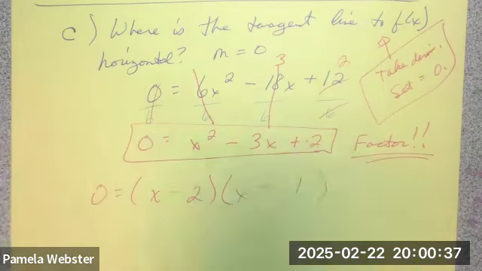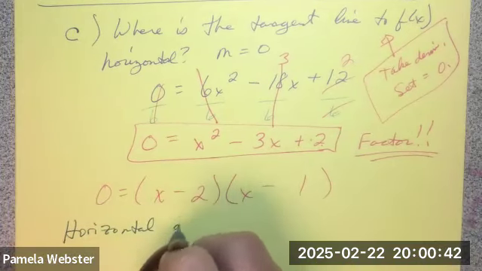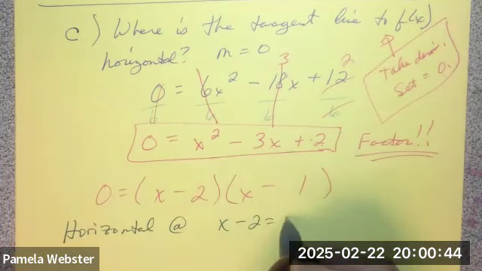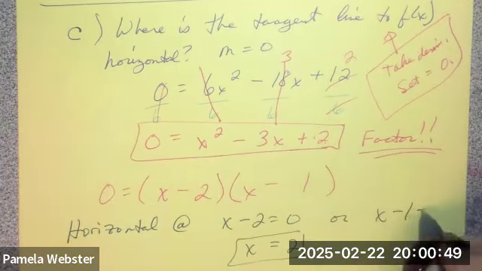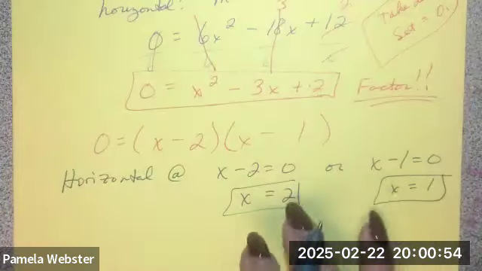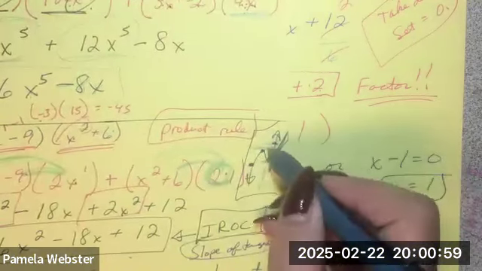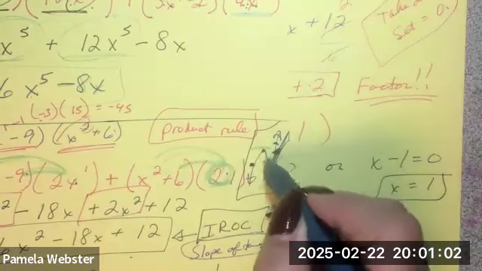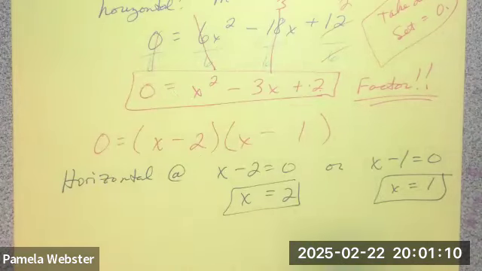So I know that this guy is horizontal at, take these, set them equal to 0, so x equals 2, or take this one, set it equal to 0, x equals 1. Those are the two spaces where it's horizontal. And by the way, we figure it's going to be 2 spots at most because those are the turning points off of a cubic, right? So 2 turning points, there's a max and a min. That's going to give me 2 spots where they're horizontal. Okay.